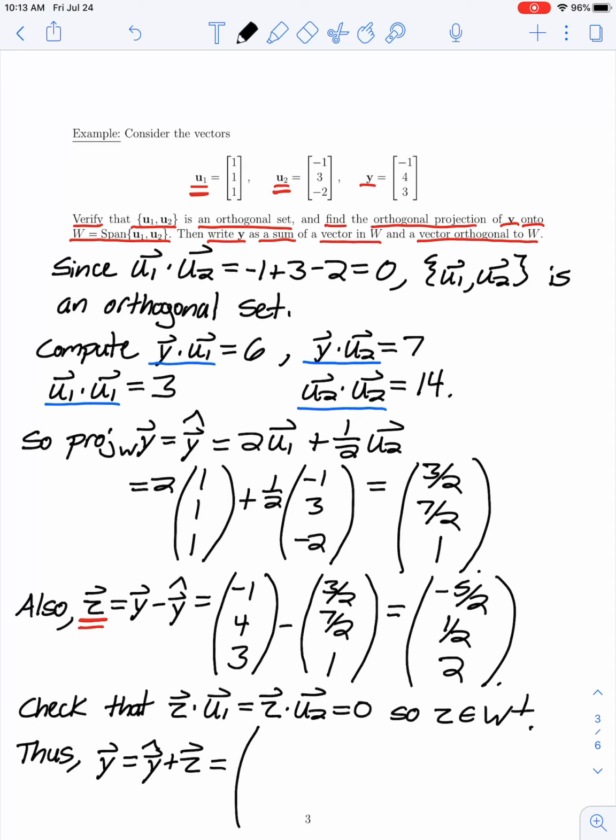So we found y hat to be (3/2, 7/2, 1). And then we're adding the vector z, which was (-5/2, 1/2, 2). And we can see that if we sum these two vectors, we do indeed get the vector y.